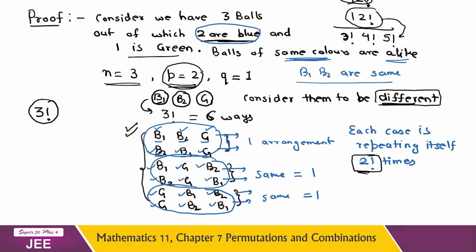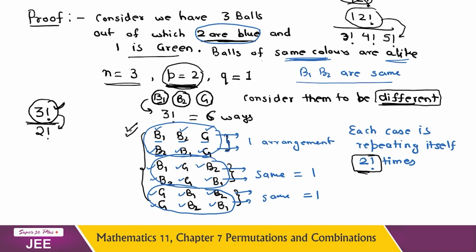The correct answer can be obtained by dividing this quantity by what quantity? 2 factorial. Why? Because this answer was 2 factorial times the original answer. So in order to get the correct answer, we divide by 2 factorial. And why only 2 factorial? Because 2 objects were of the same kind.